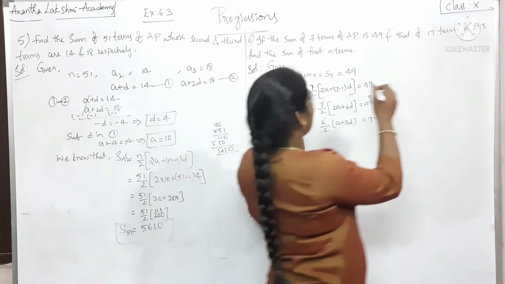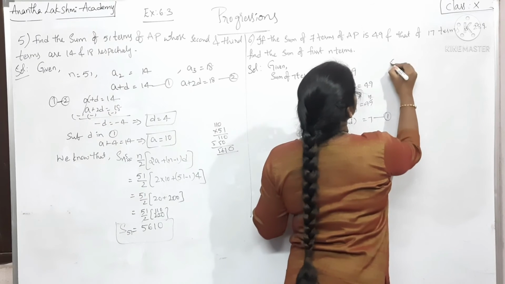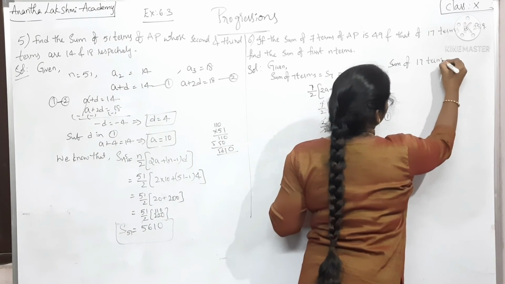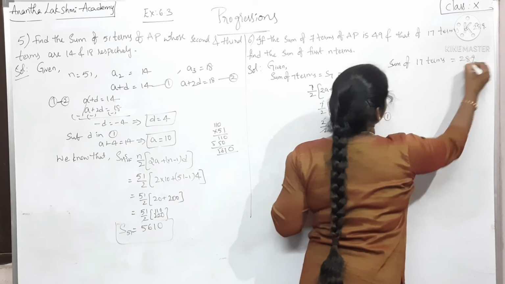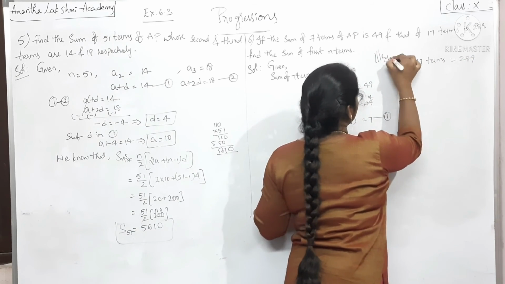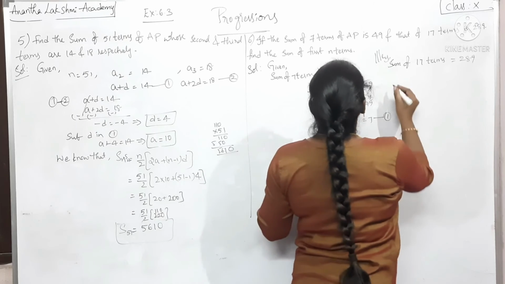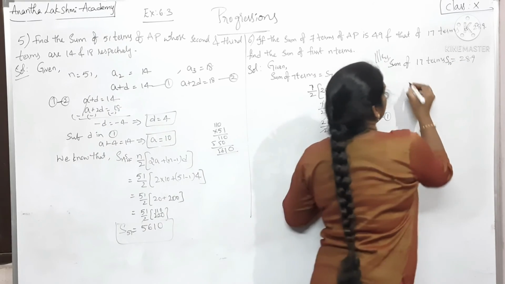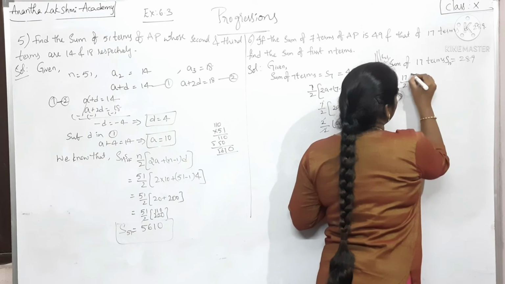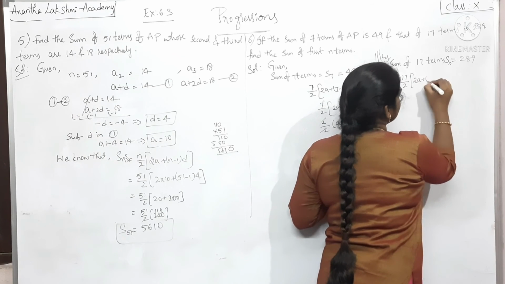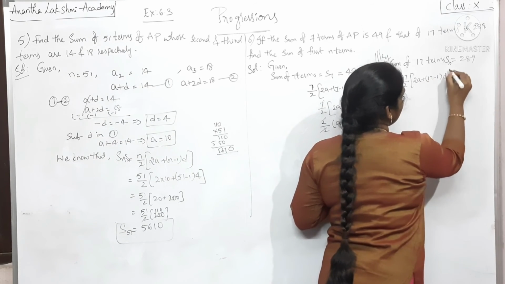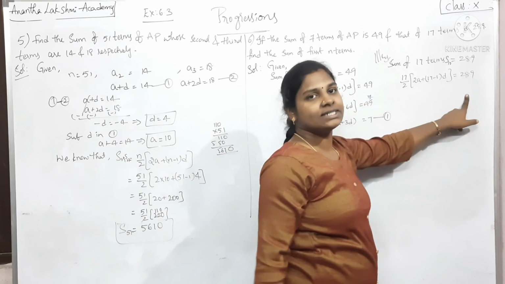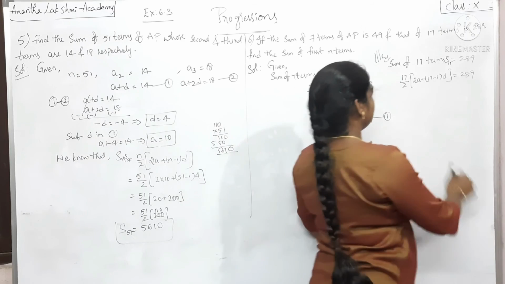Alright. Also given, sum of 17 terms. Here you can write similarly. This is nothing but S17. So S17 can be written as 17 by 2 into 2a plus 17 minus 1 into d is equal to 289. 17 17s are 289 if I am not wrong.